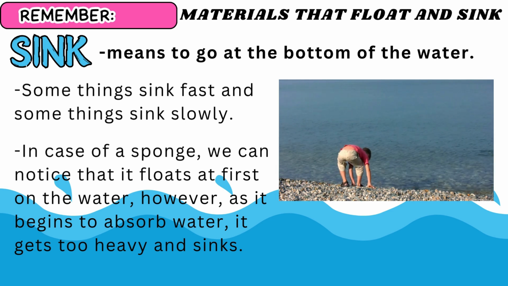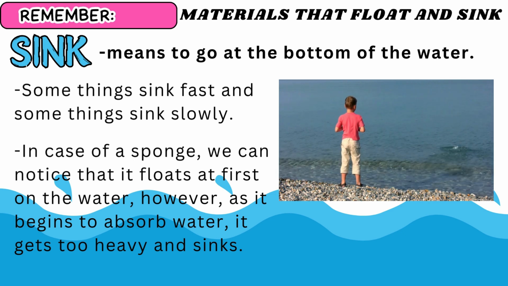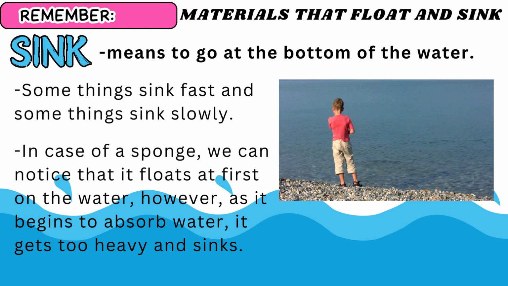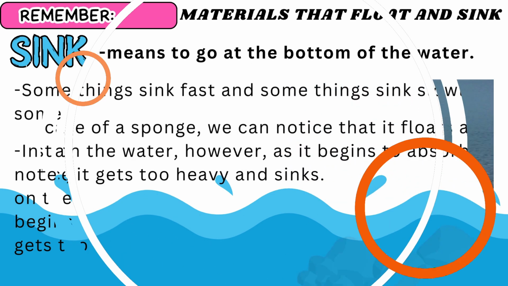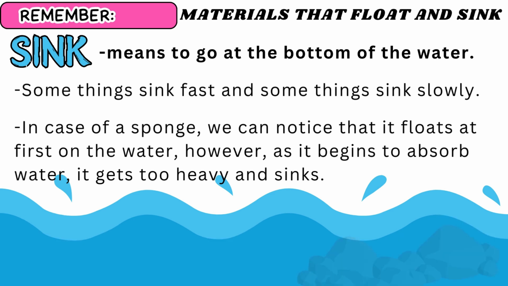Where do you think the stones go? Correct. They sink to the bottom of the water. Here are the few examples of materials that sink in water. Can you give me another example?